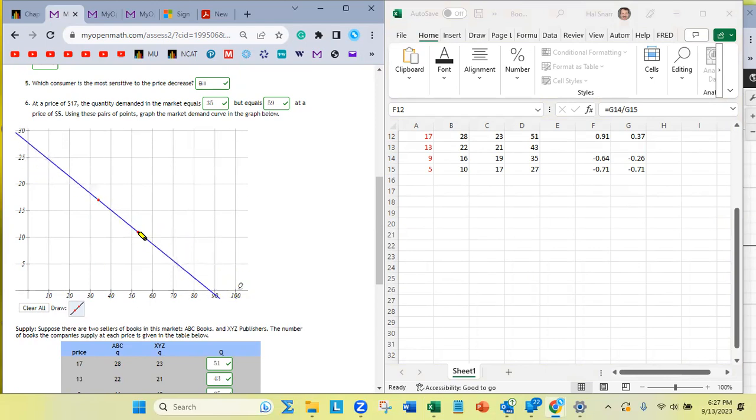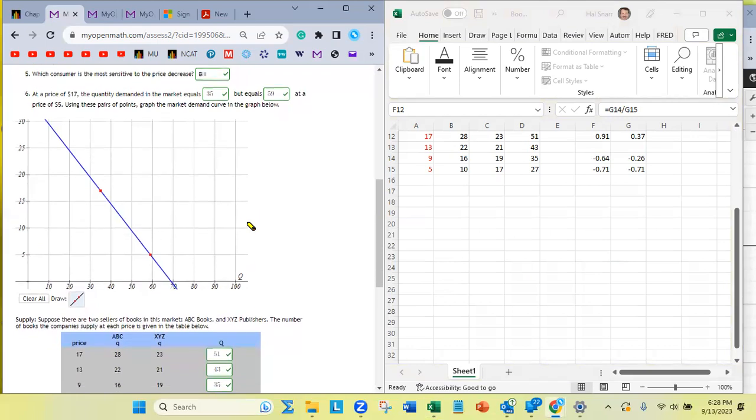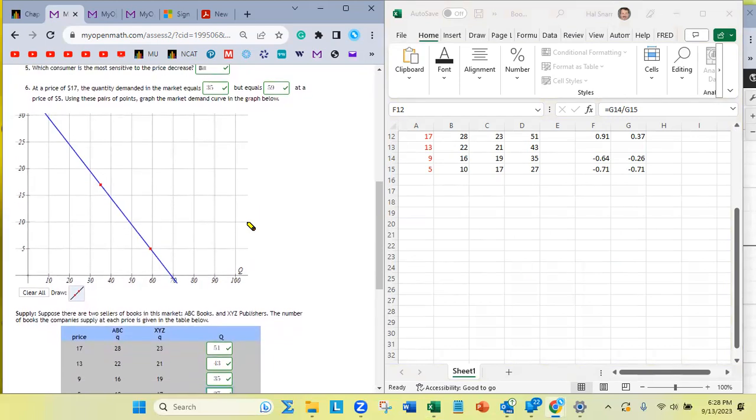And then 59 and 5, right there. We'll come up here. Okay, so 35 is in the middle, then up 1, 2 to 17. So that's the demand curve. All right, so hopefully we didn't mess that up.